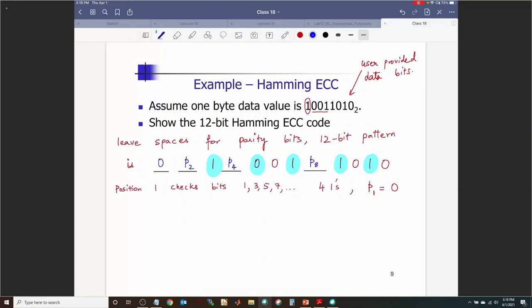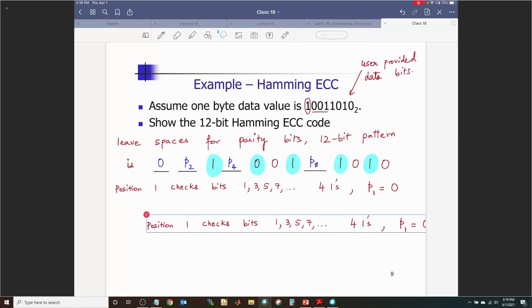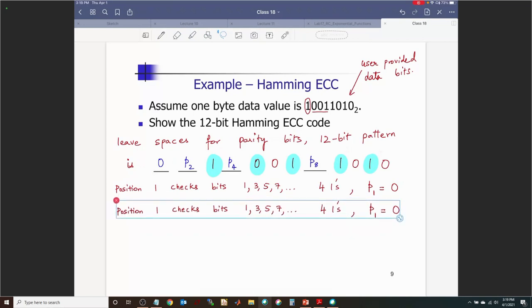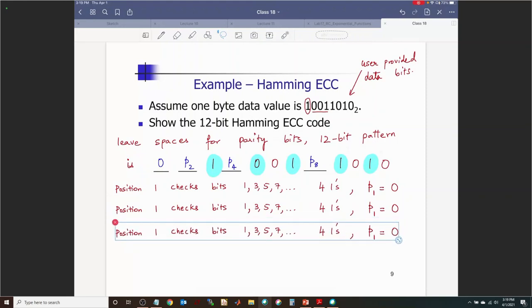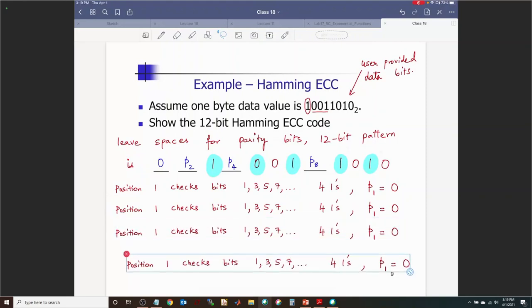You guys see that? And that's the same thing that you are going to apply for all the other positions. Just repetitive from here on out. So I'll try to go fast here. Position 2, then position 4, and then position 8.